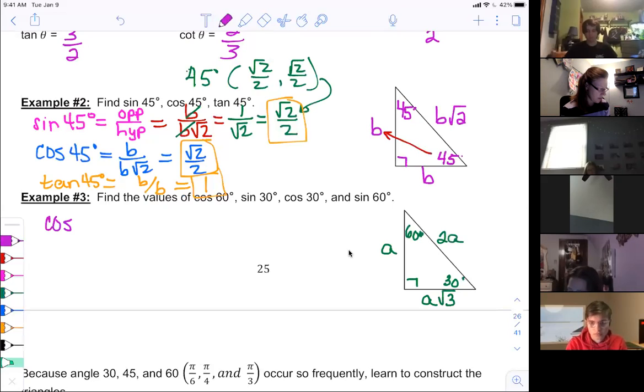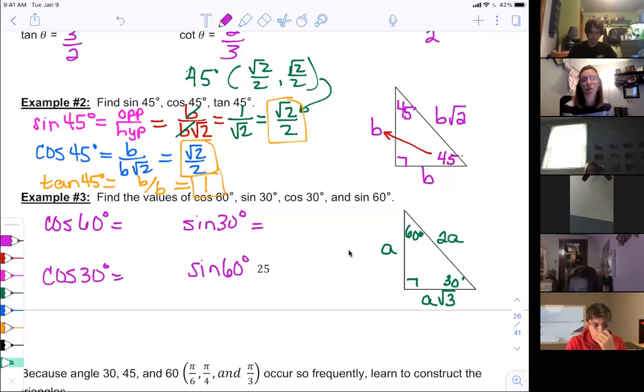So cosine of 60, sine of 30, and then cosine of 30, sine of 60. So you may already know what that is from the unit circle, but again, you can just make a little triangle as well. So if I'm looking at 60 degrees on my triangle, that's the upper top.